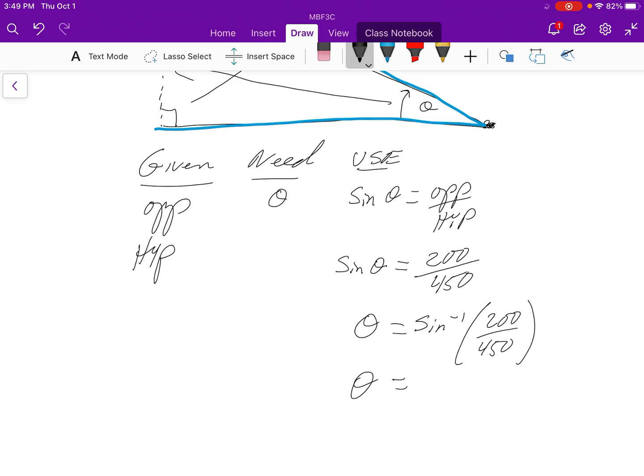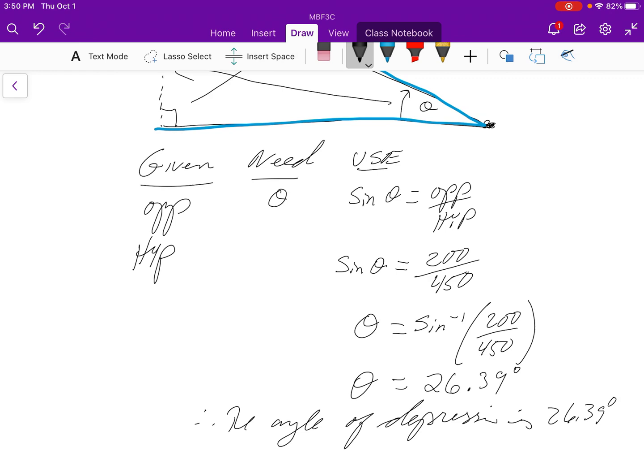There are a couple of examples in the textbook on the left-hand side of the section pages, around page 19 or 20, that give you a couple of ways to figure this out, but hopefully you figured this out before today. If you did it correctly, you should get 26.39 degrees. So therefore, the angle of depression is 26.39 degrees.